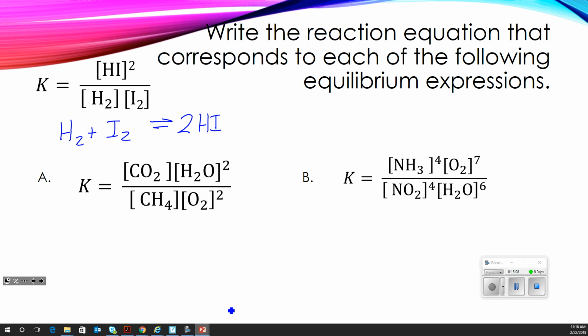I'm going to do A. Look up when you're done. Check and see if you got it right. If you got it right, go ahead and go on to B. I'm going to put B up. Don't look up unless you want to see B.